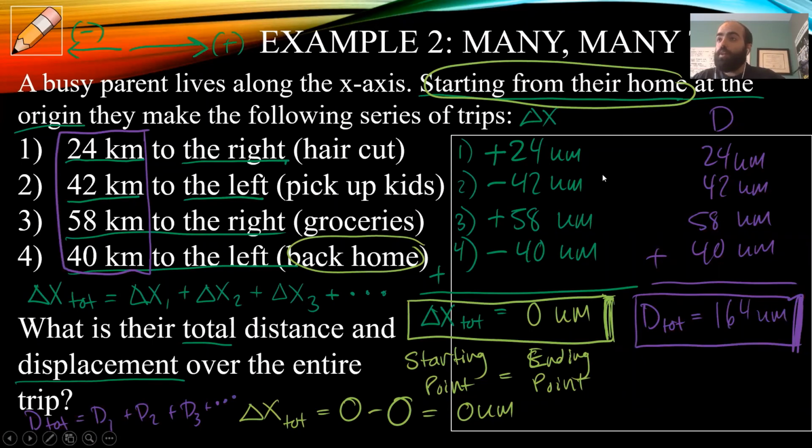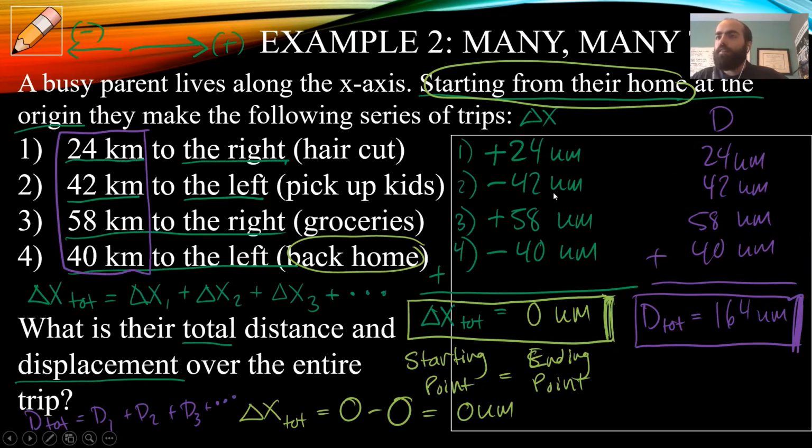And we'll see that this way of organizing the information is also really helpful, especially when you have displacements and distances not in one dimension, but in 2 dimensions, where things are moving at angles and things like that. But that's in 2 units.